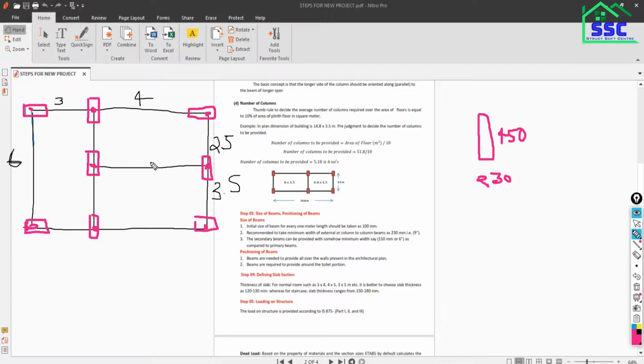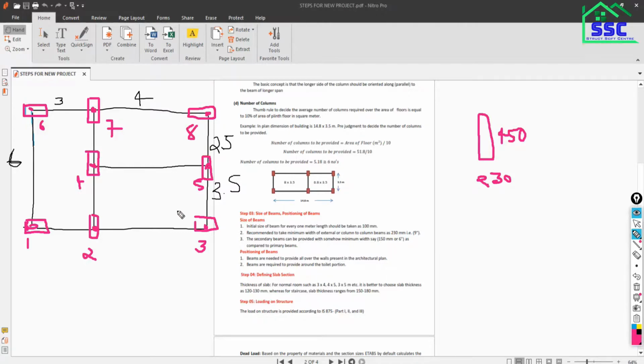Don't talk about the column position, just talk about the column orientation. So these are all the column orientations, numbered 1, 2, 3, 4, 5, 6, 7 and 8.